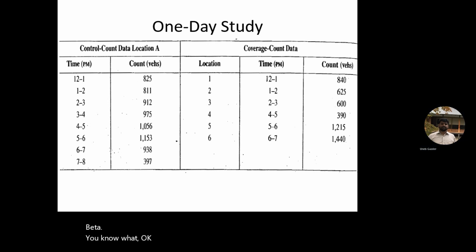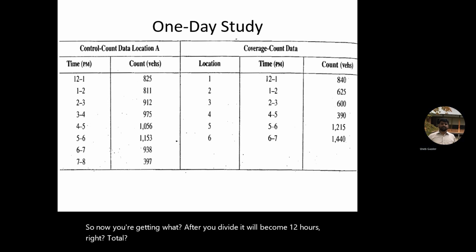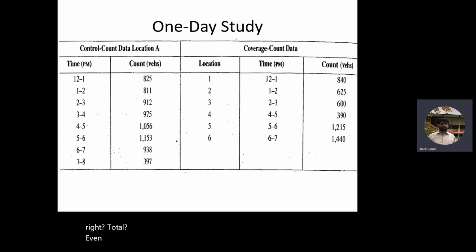Okay, tell me. So now we are calculating what? After you divide, it will become 12 hours, right? Total. $10,000. 5,208.